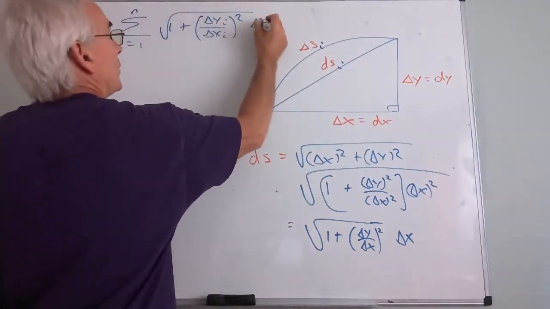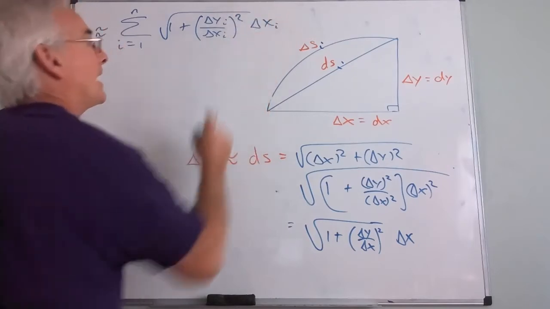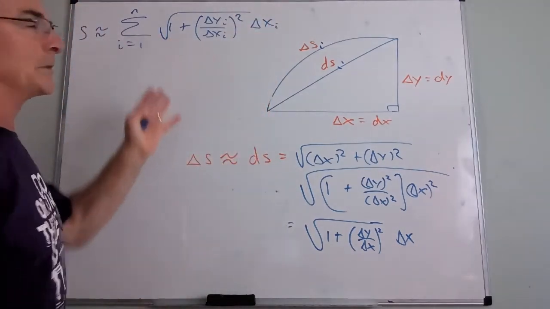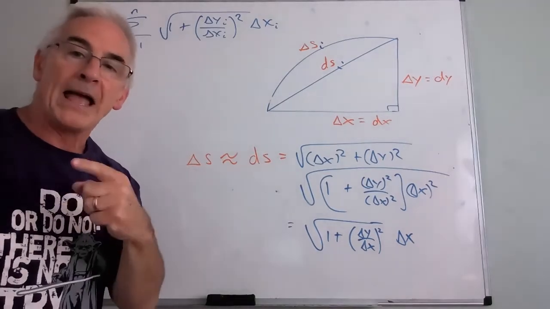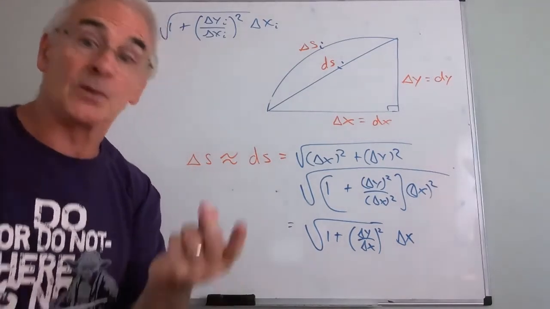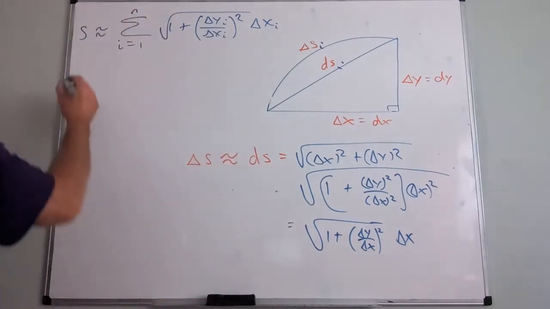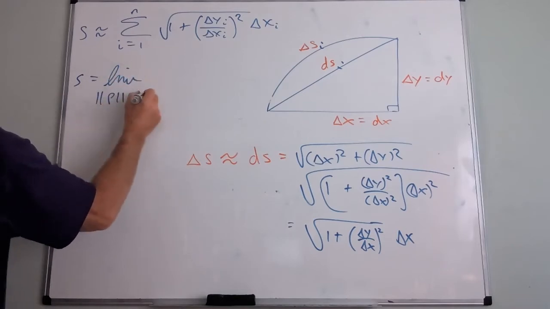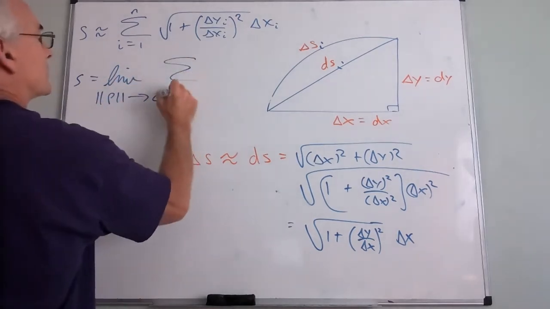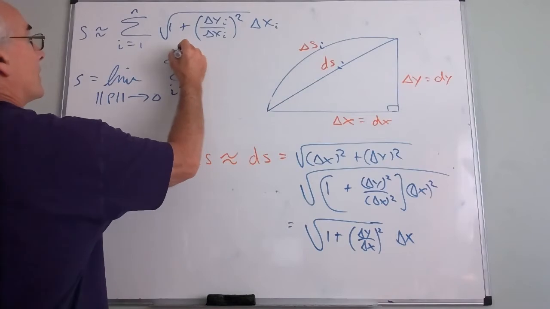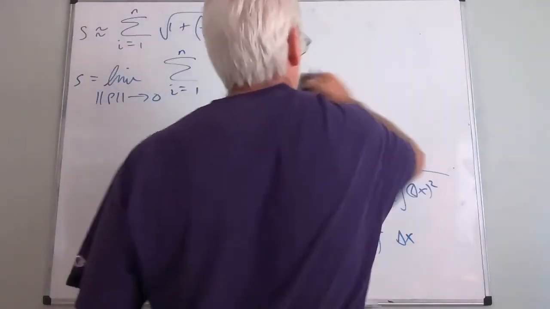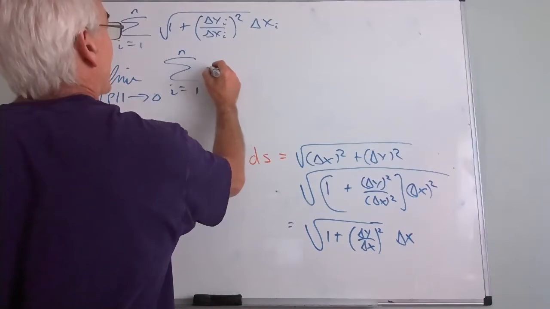This should look kind of familiar, not the actual numbers, but the form. You go, oh, and what does S equal? It equals the limit as the norm of the partition approaches 0. That's verbiage that I hope you relate to and remember from way back when.